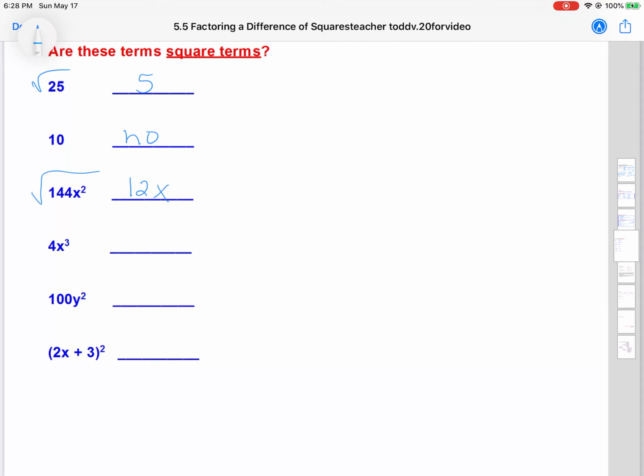The square root of x squared is x. Can you square root 4x cubed? Nope. Can you square root 100y squared? Yes, you can. Can you square this binomial? Yes, this is what we just talked about. If you square root that, one of them cancels out and you're left with one term.